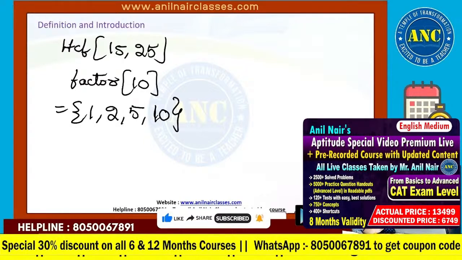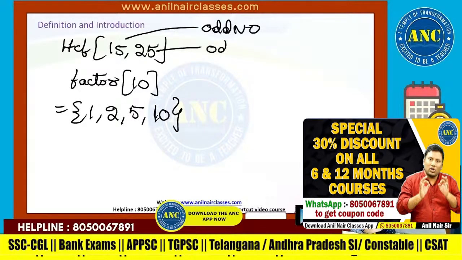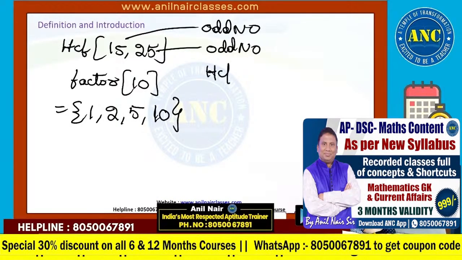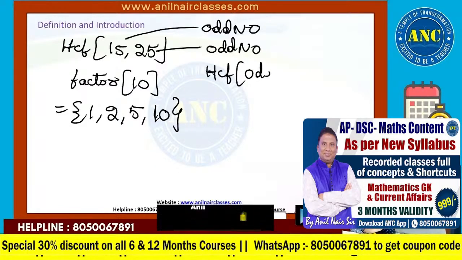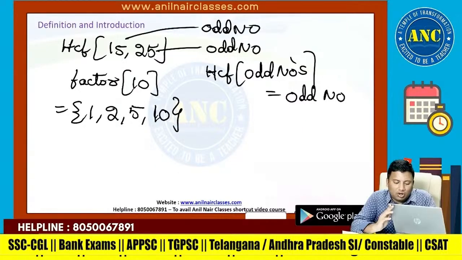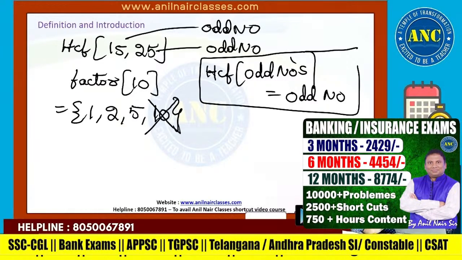Now, if you see here, 15 is an odd number. 25 is also an odd number. HCF of odd numbers is always an odd number. 10 is out, 2 is out.